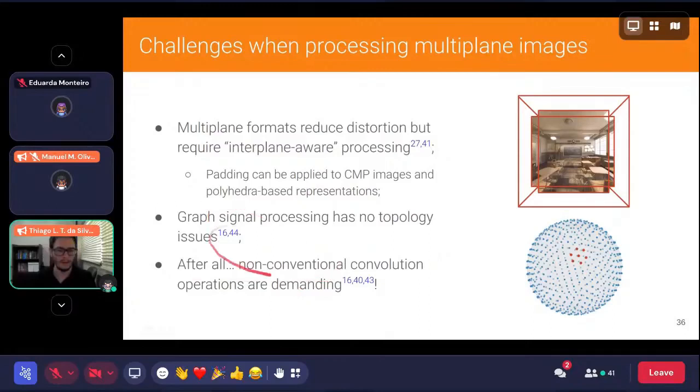So these non-conventional convolution operations are, after all, demanding.